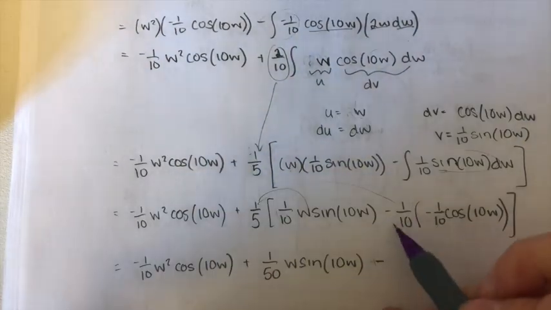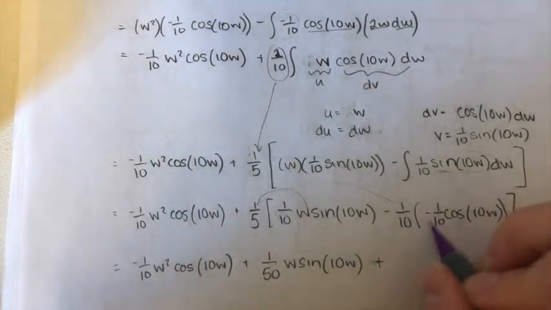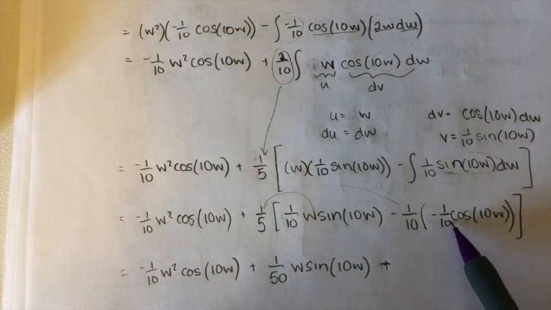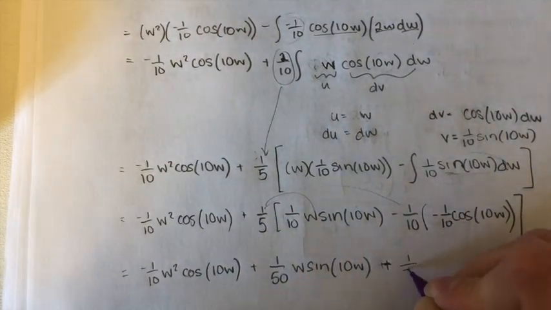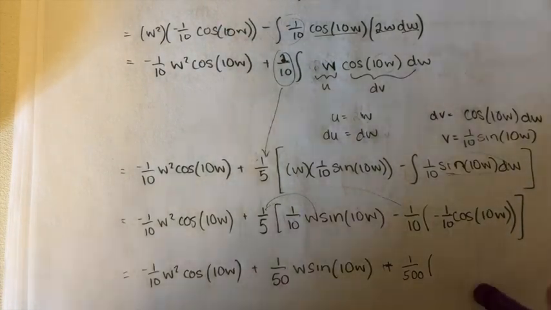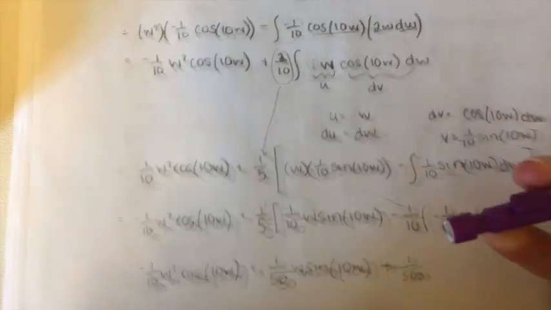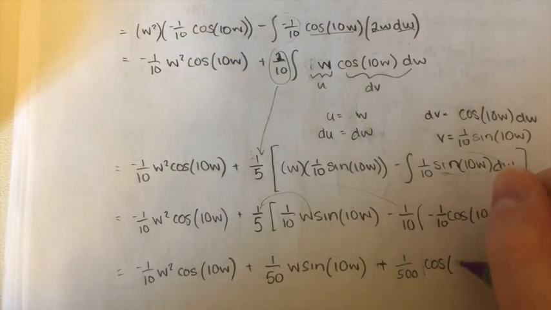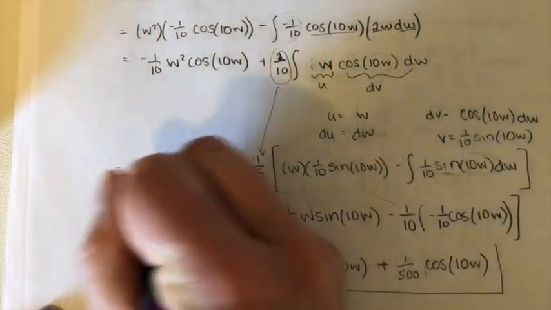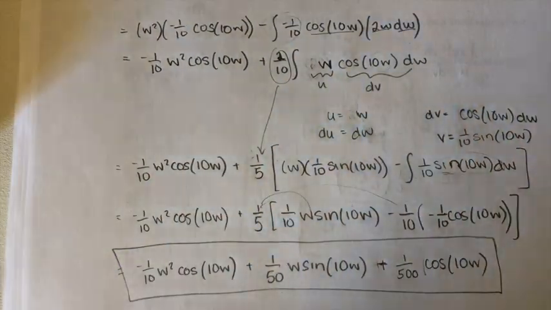This time we've got the, oh, no, it would be a plus because we've got another negative here. So you've got a 1/5 times a 1/10 times another 1/10. So this would be 1/500th of cos of 10w. So there is our final integral.